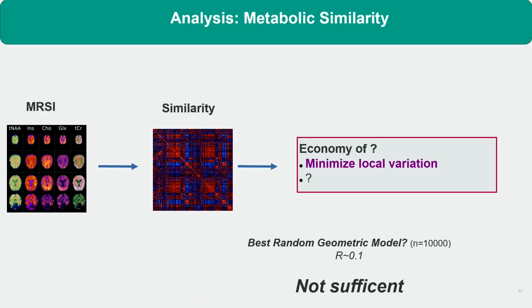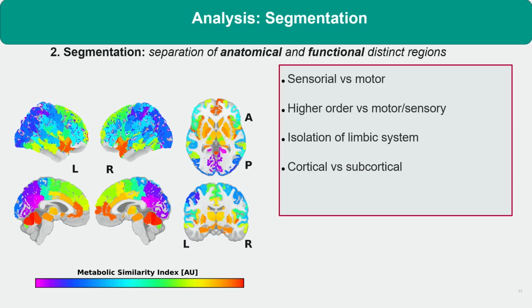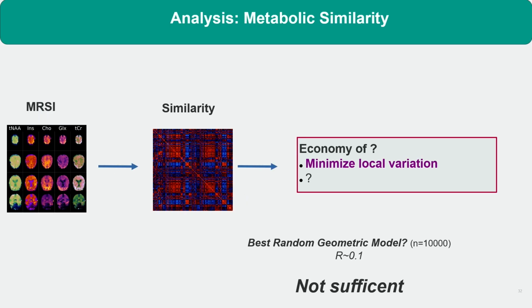And actually, you can model 10 billion random geometric models, take the best one, and it will only explain about 0.1 correlation with the observed matrix. So proximal connectivity is not enough. We need the second ingredient.